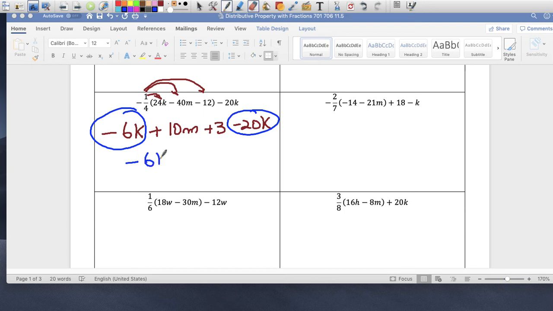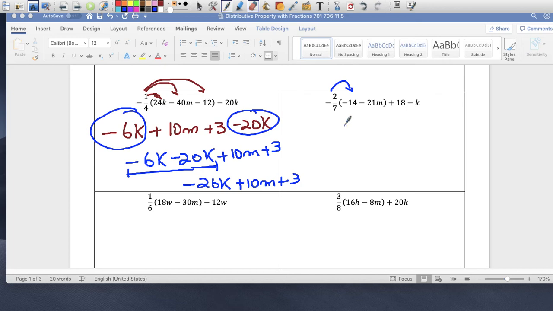So it's negative 6k minus 20k, and then plus 10m plus 3. So I can combine these two. Negative 6 and negative 20 gives me negative 26k plus 10m plus, don't forget the 3, which I did.